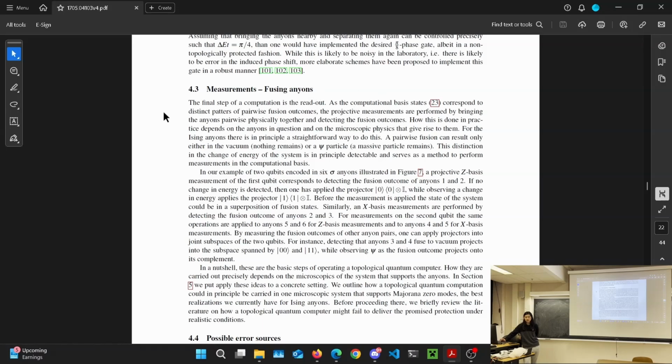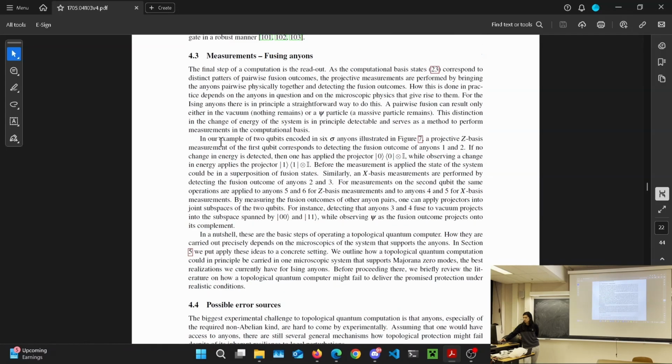So for measuring, you just bring the anyons together, and then you measure how they each fuse, and then based on that. And you can control the initial state of the anyons.